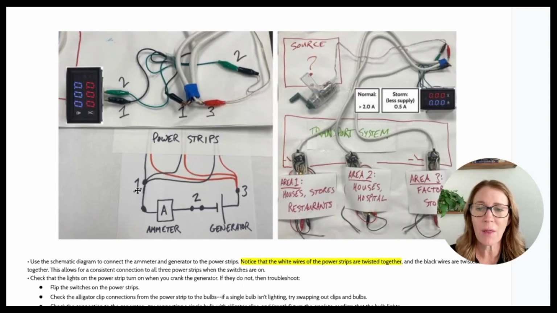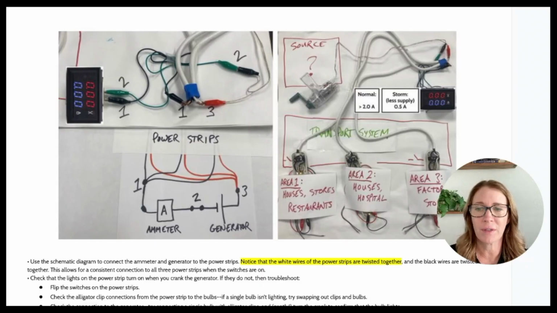And then between that, you will have the ammeter, a switch, and a generator. And this is going to be your hand crank generator. And so the switch is going to be basically 2 alligator clips together that you can open and close.